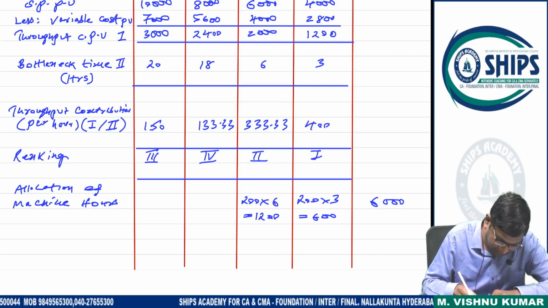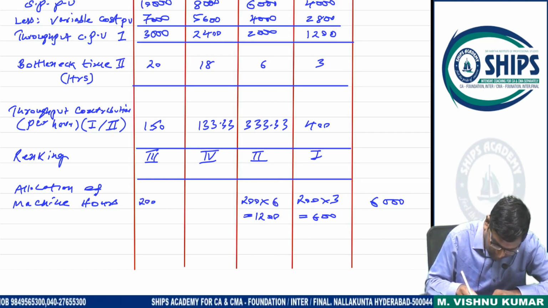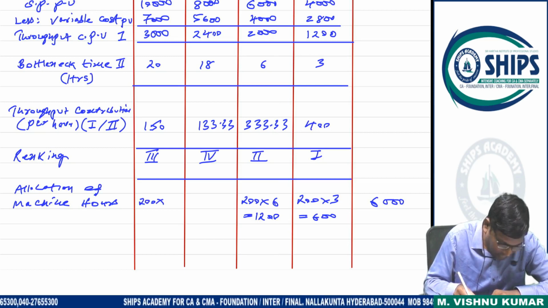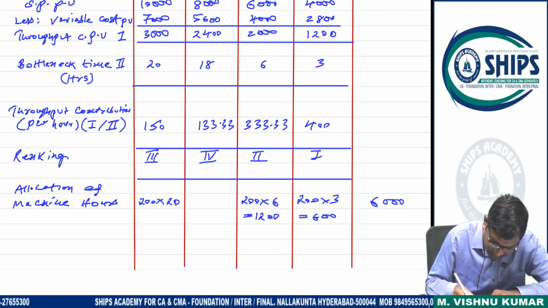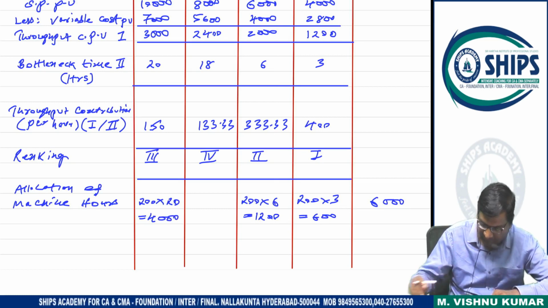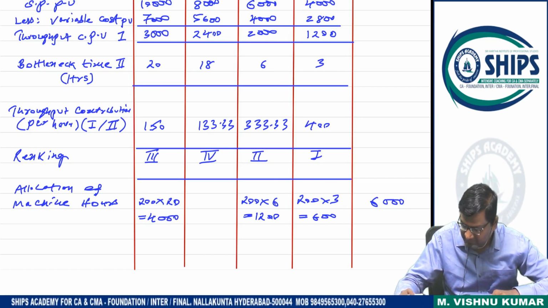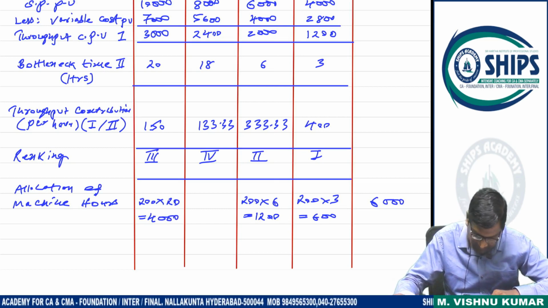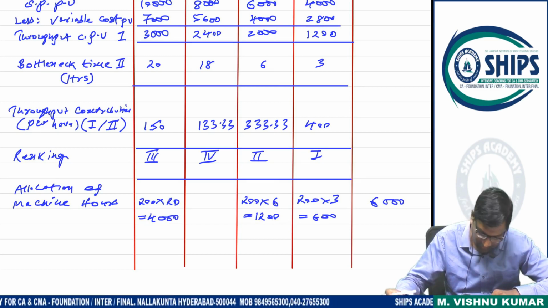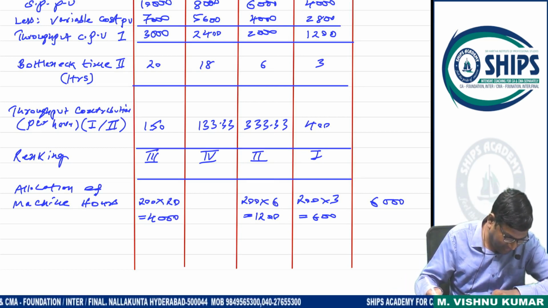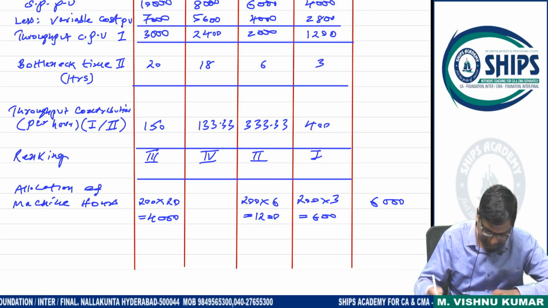Now P. How much demand? 200. 20. 4000. Okay. Now only 200 hours available. How much time available? 200 hours. Clear?